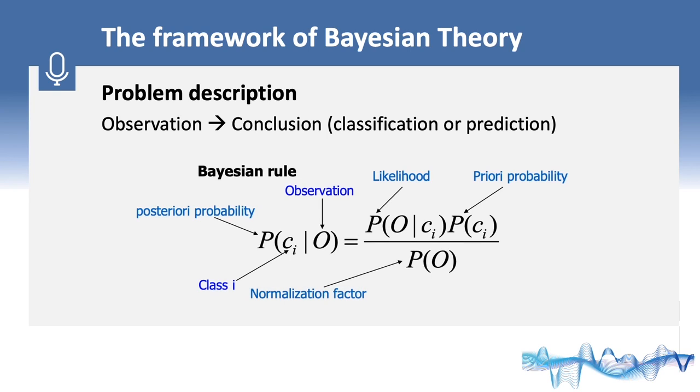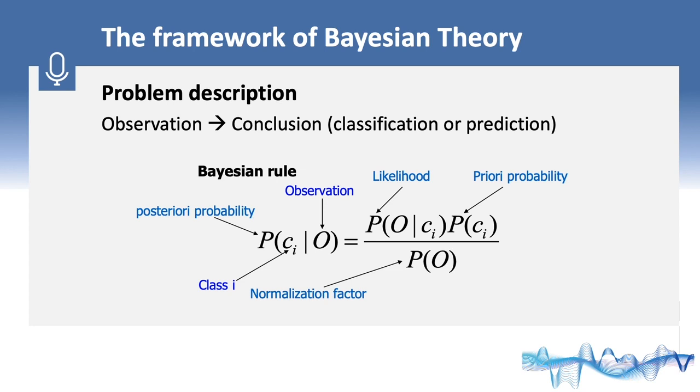Bayes' rule can be expressed mathematically as: the posterior probability equals the likelihood multiplied by the prior probability and then divided by a normalizing constant. That is, the posterior probability is proportional to the product of the prior probability and the likelihood.